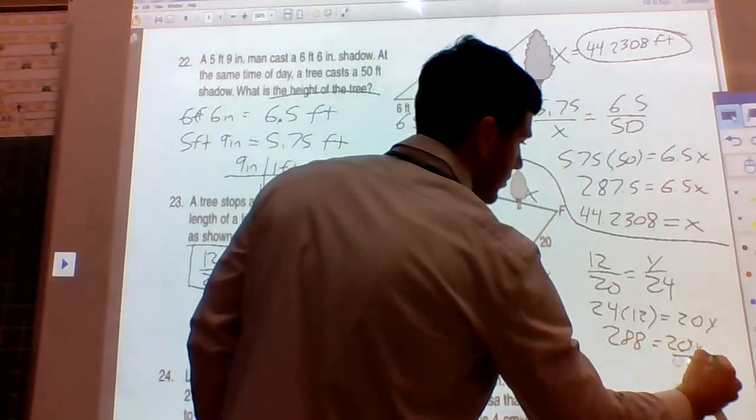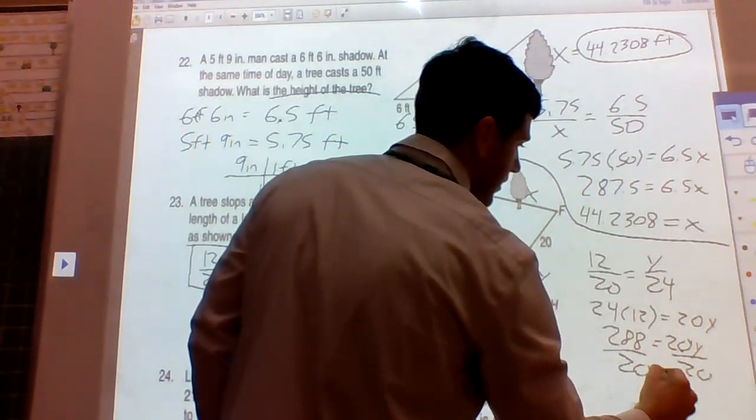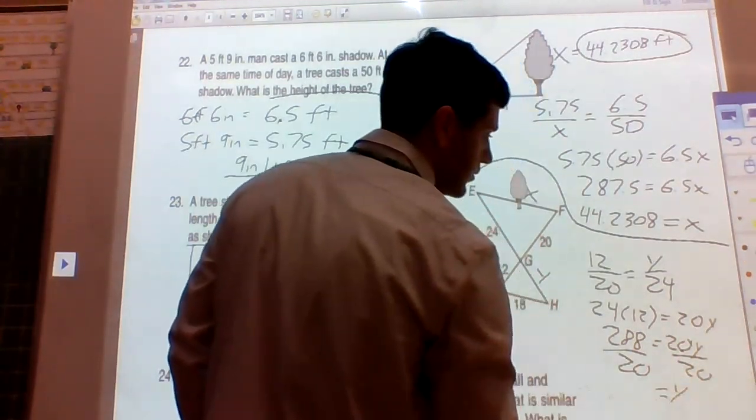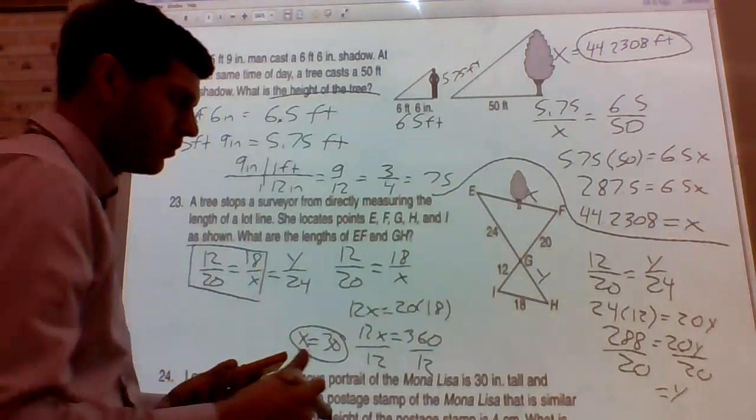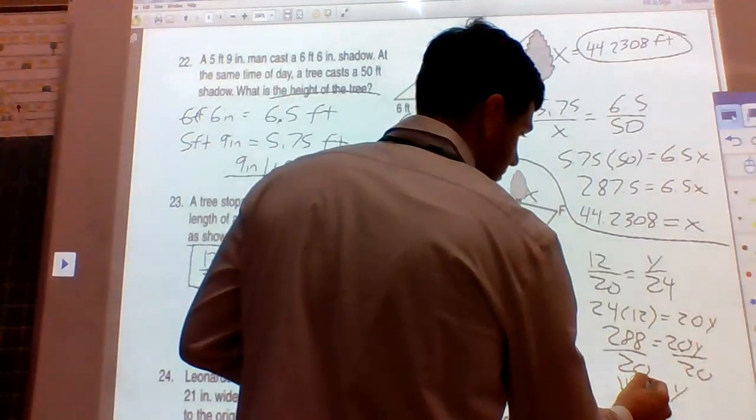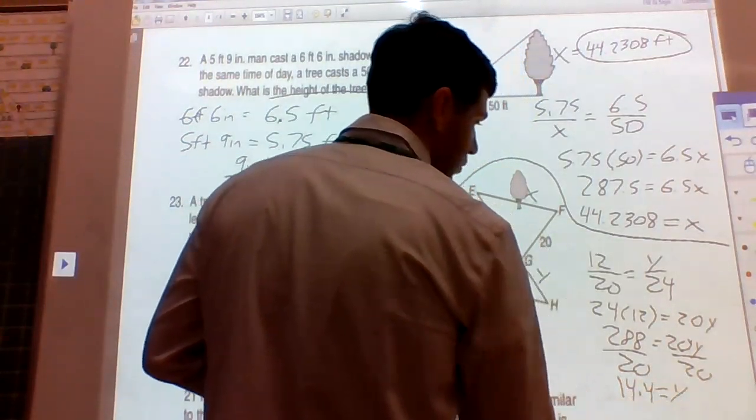We're going to divide by 20. We get Y equals, 288 divided by 20 is 14.4.